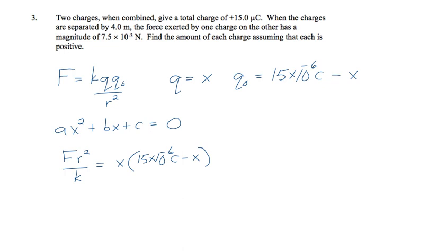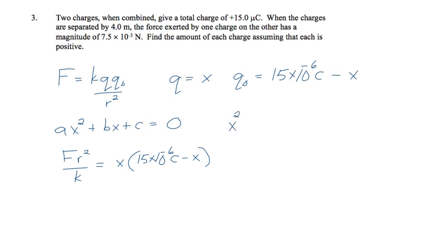So now, if I put this in standard form, my second degree term, my x squared term, is going to be, I have x times minus x. So x times minus x is minus x squared. I'm going to bring it over here. All right, so my first term is going to be x squared.